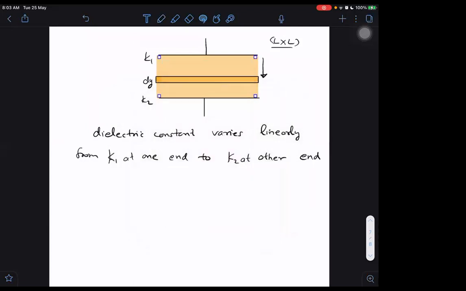Okay, think like this. And in between I'm taking one medium here. How to do it? Now this can be regarded as several small elements in series with each other.